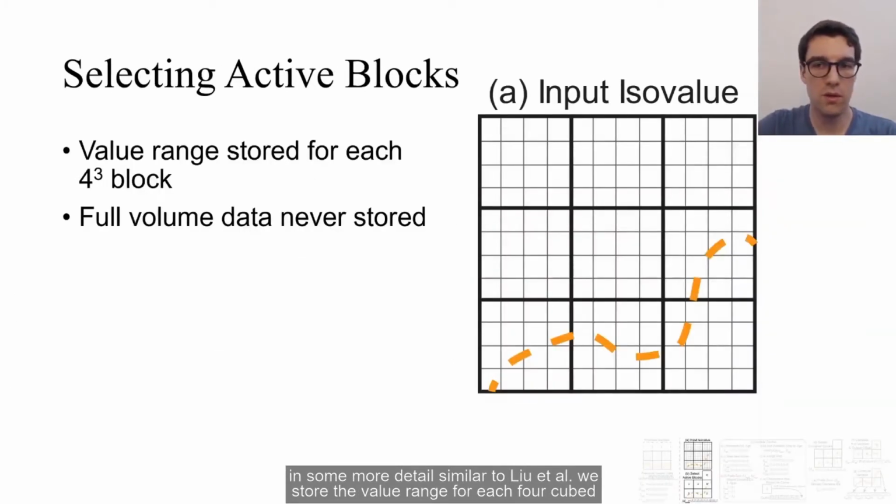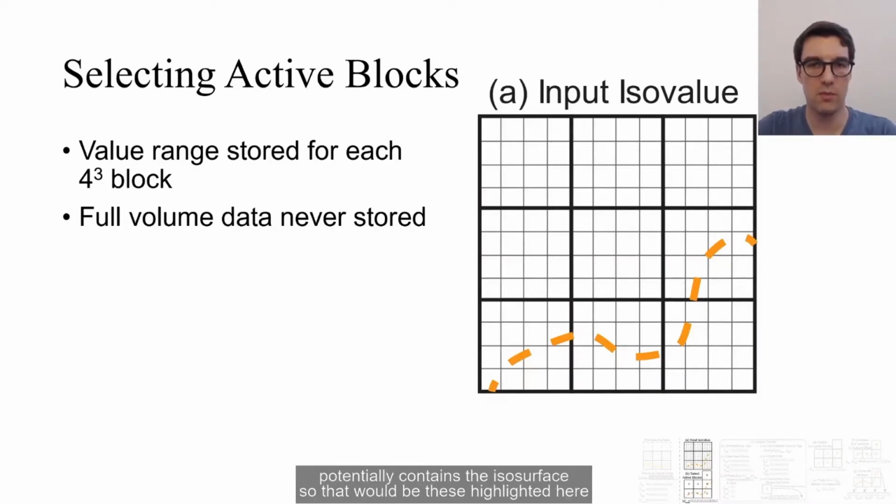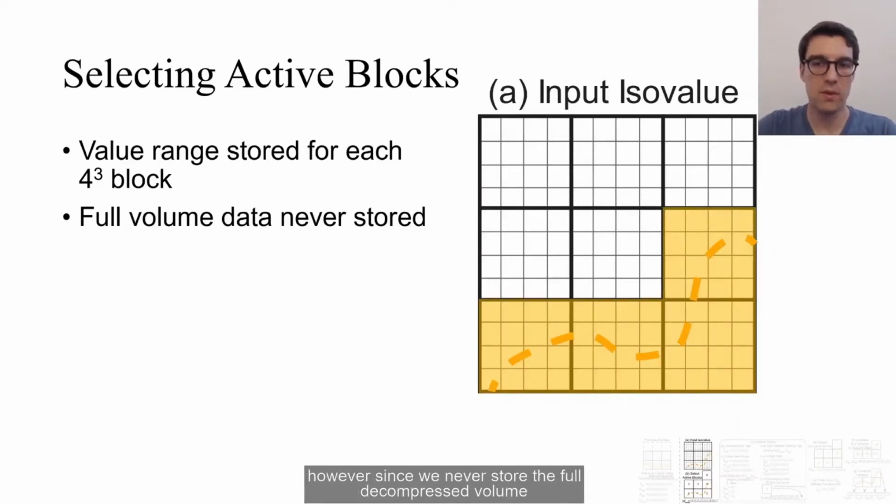Similar to Liu et al., we store the value range for each 4-cube block of data, which we use to tell us if a block potentially contains the isosurface. So that would be these highlighted here. However, since we never store the full decompressed volume, it's not sufficient to decompress just these highlighted blocks because we'd be missing data that we need for the dual grid.